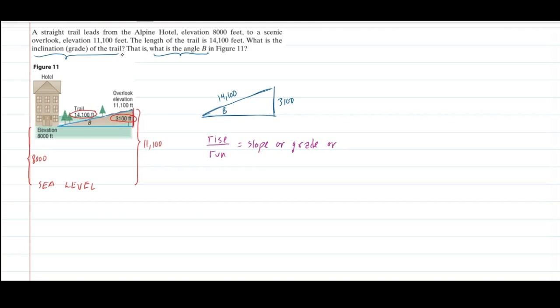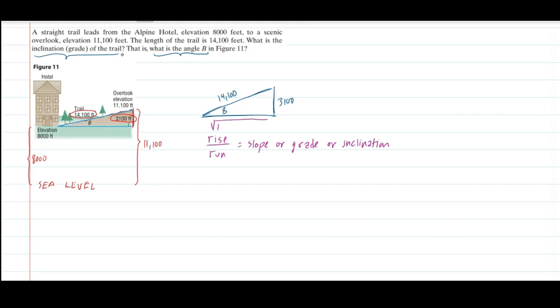And in this book, they talk about this as an inclination. This is not often used, but there you have it, right? So how are we going to find that? If you think about it, we can use the Pythagorean theorem, and if we use the Pythagorean theorem, it will give us this third side, and that third side represents the run, right?